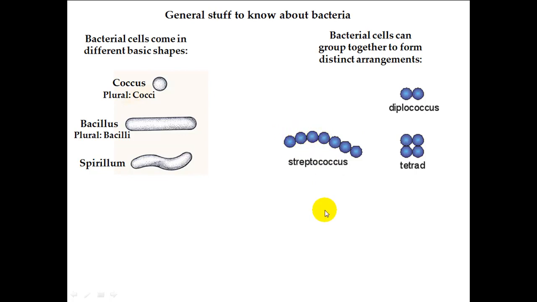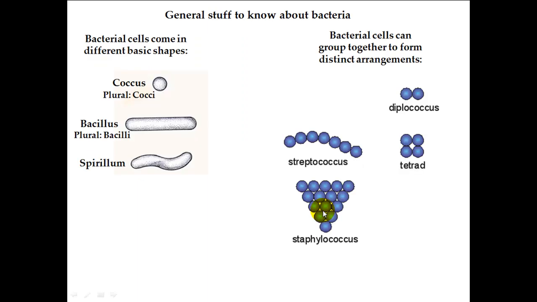And then the last common arrangement that we'll name here is one that involves the bacteria being bunched together like a grape cluster. That's referred to as a staphylo arrangement. So staphylo literally means grape cluster, and again coccus refers to the shape of each one of the individual bacterial cells.